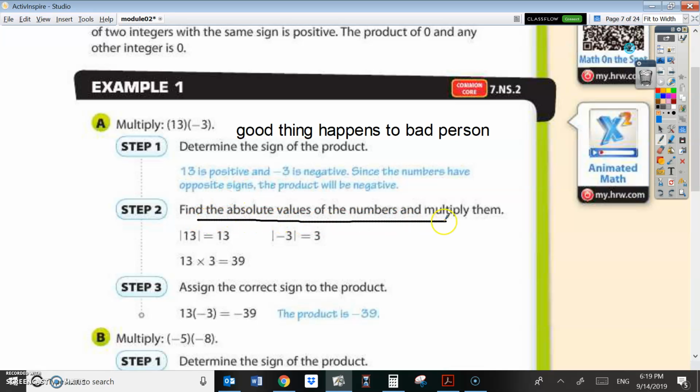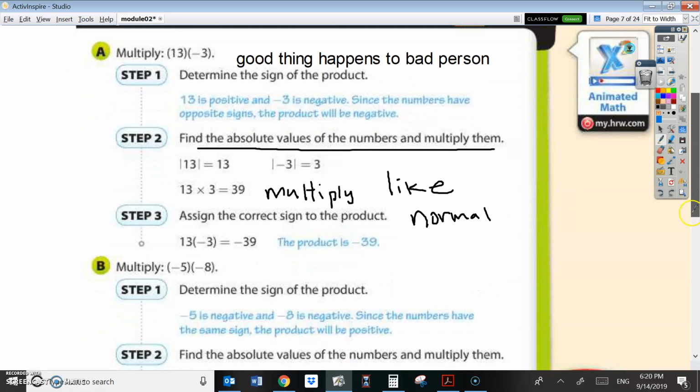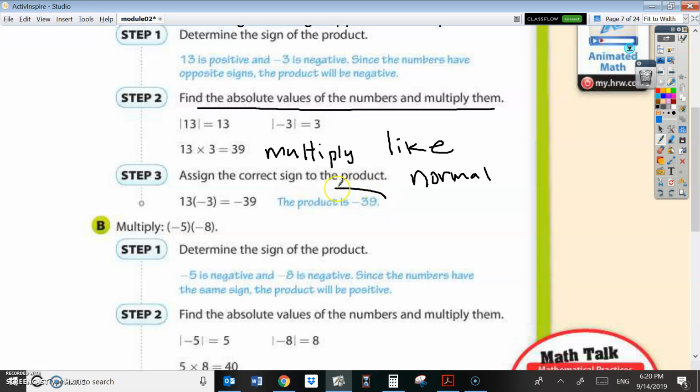Find the absolute values, multiply, so just multiply like normal, and then you will get the negative sign. Good things happen to bad people, and that's bad.